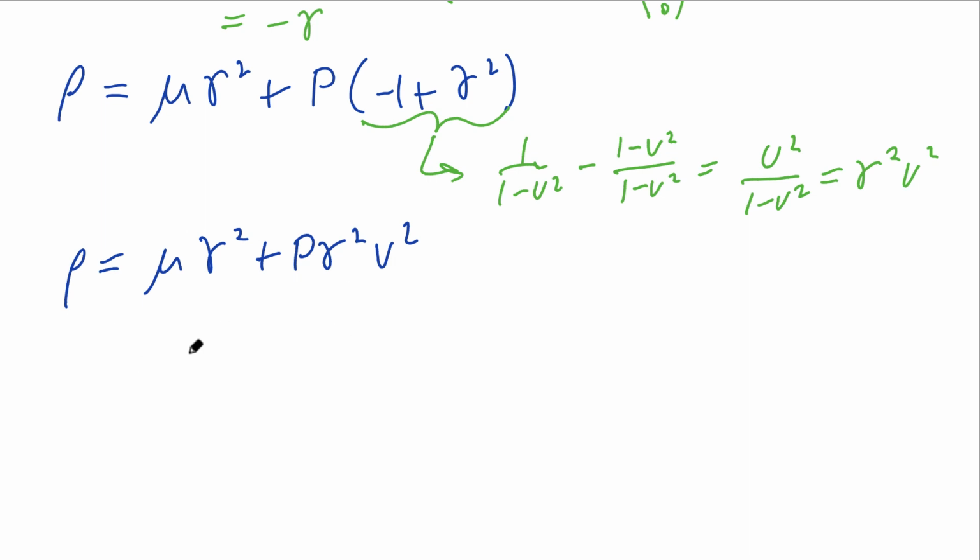Now, if we were to carry out this calculation more carefully, keeping all the factors of c, the speed of light, what we would actually find is the energy density is gamma squared times the rest mass density times c squared plus the pressure times v squared over c squared.